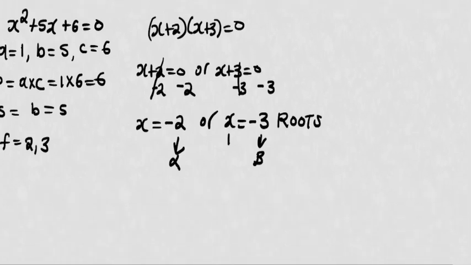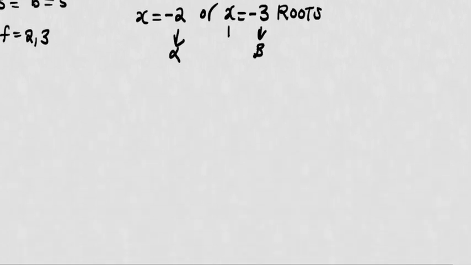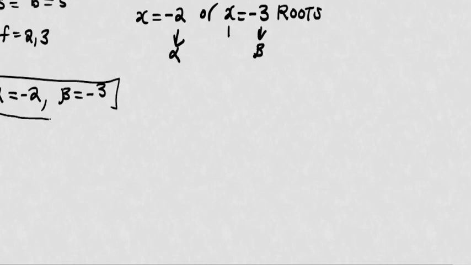Now, suppose we don't know our quadratic equation. They have given us alpha to be equal to negative 2, and they have given us beta to be equal to negative 3. So these are the roots that we have been given. Then the question is asking us to find the quadratic equation. How do we find the quadratic equation if we've only been given roots?